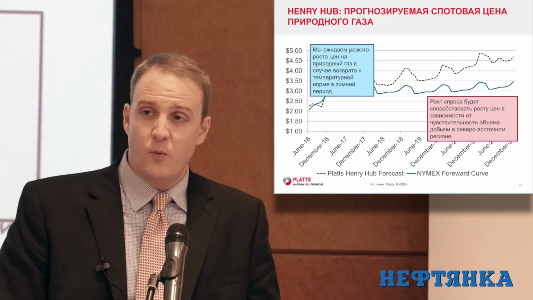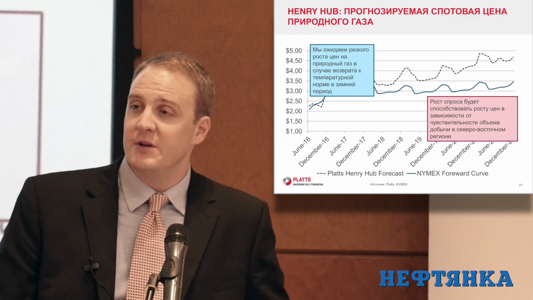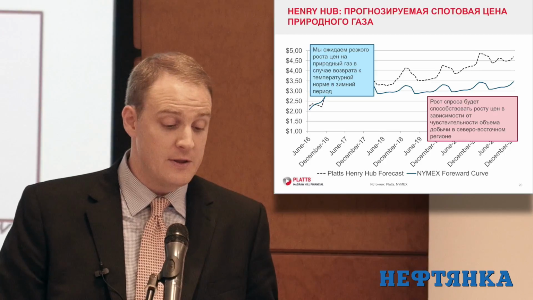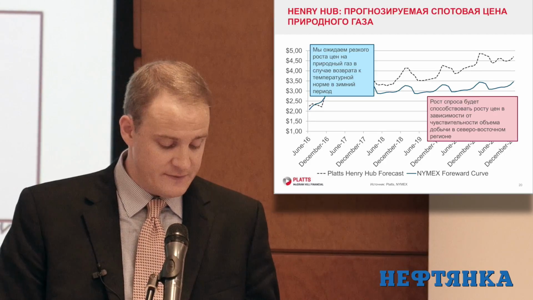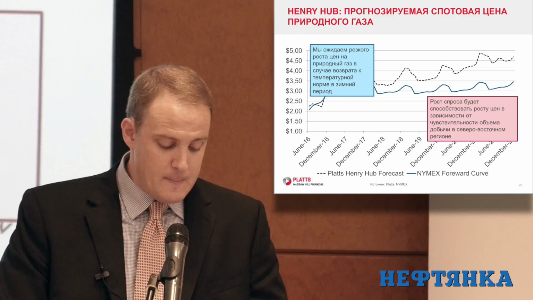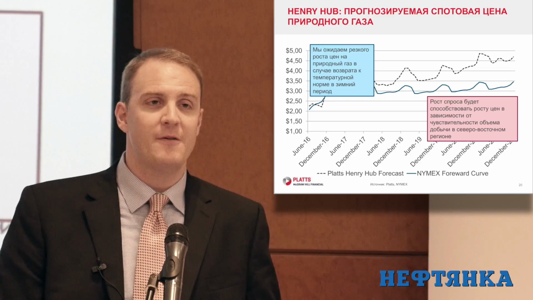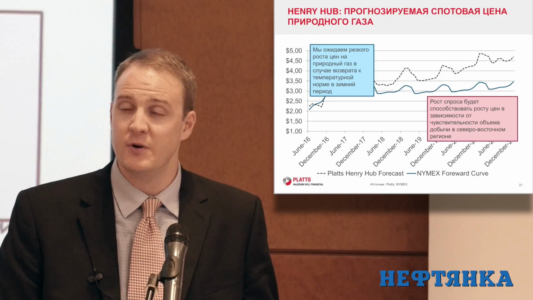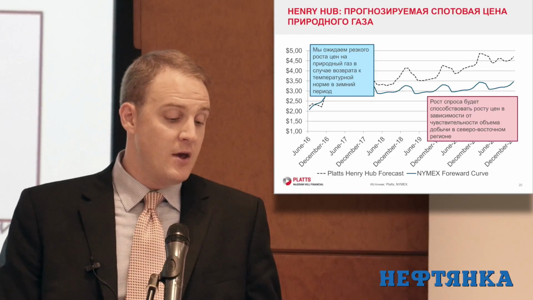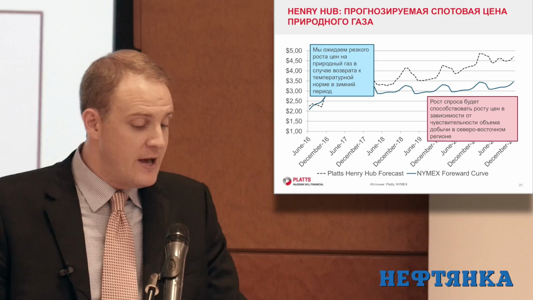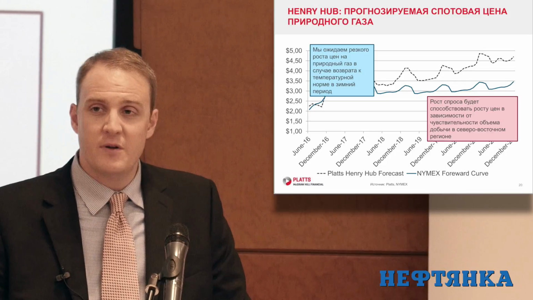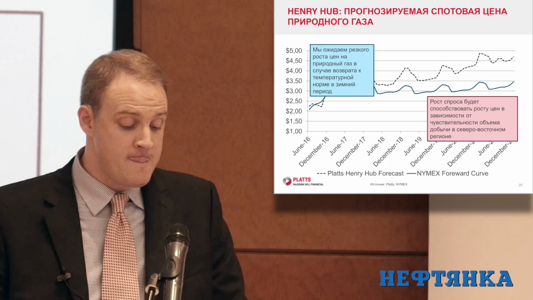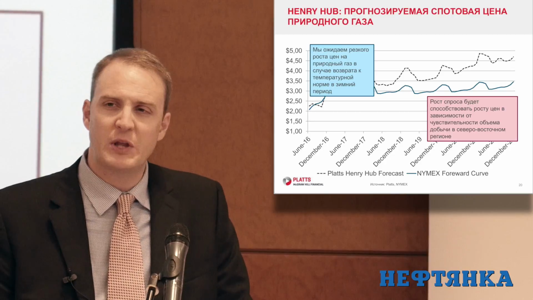Longer term, we are a bit more bullish than the forward strip, or than the market would be in terms of its anticipation. But it's going to depend on how fast producers ramp up production in response to these price increases. We do see a price ceiling of about $4.50 where our prices max out in 2020, 2021.